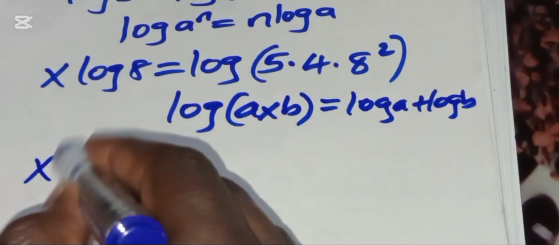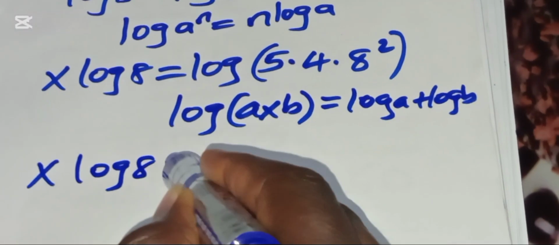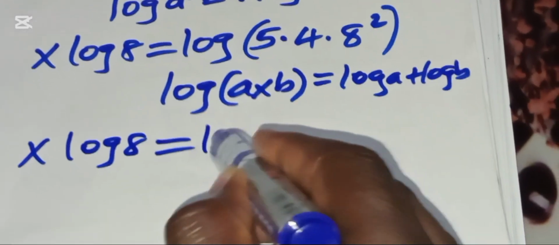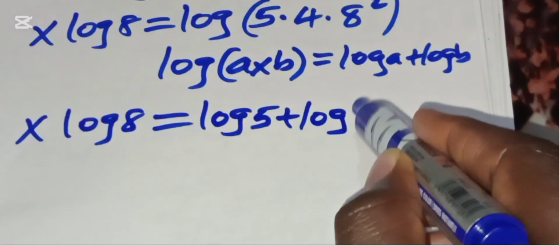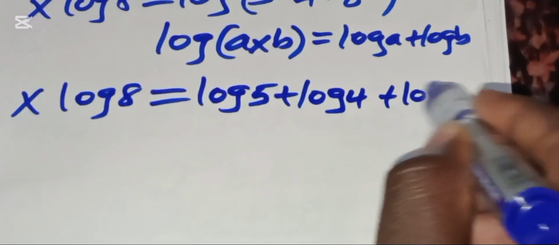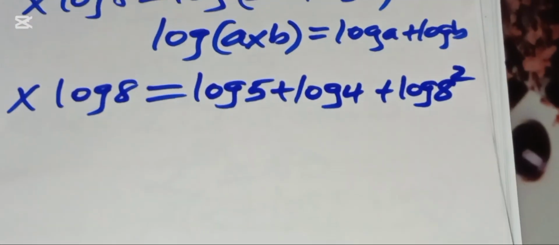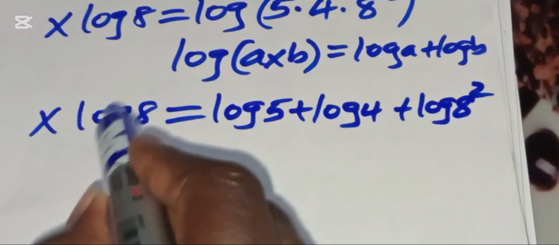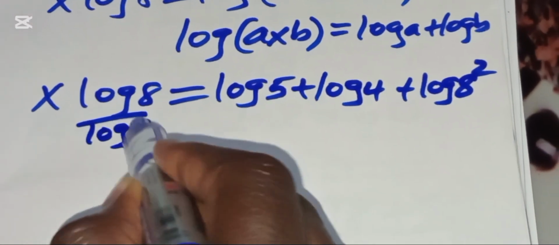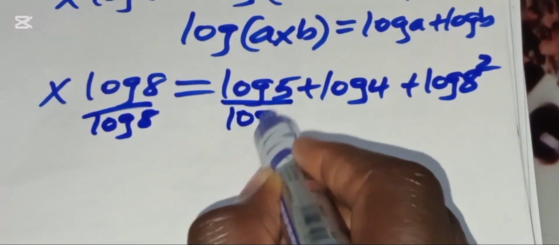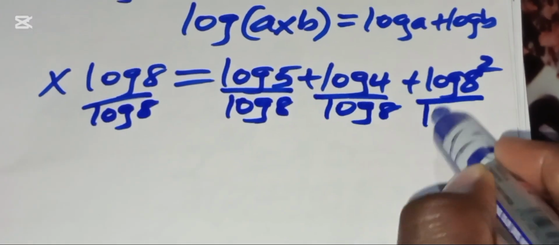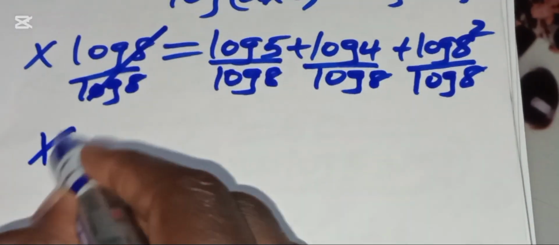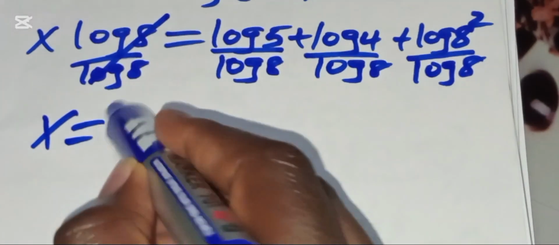So we'll have x log 8 equal to log 5 plus log 4 plus log 8 raised to power 2. Now let's divide both sides by log 8. This is log 8 divided by log 8, and the same here, log 8. If you simplify, you'll have x equal to log 5 over log 8 and so on.